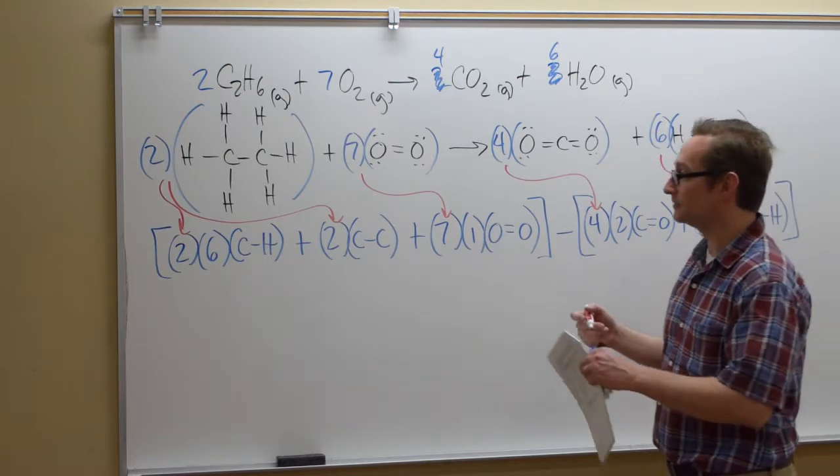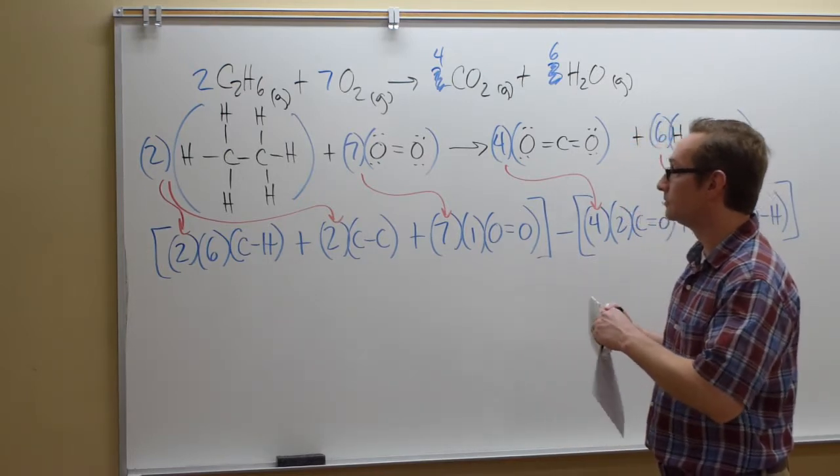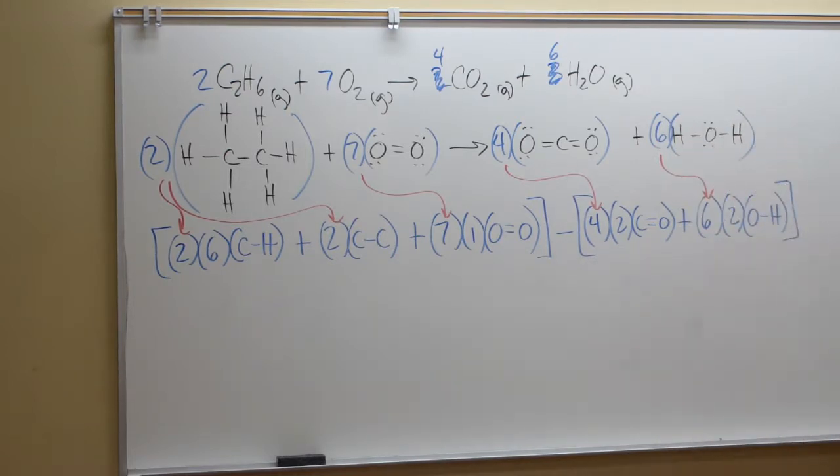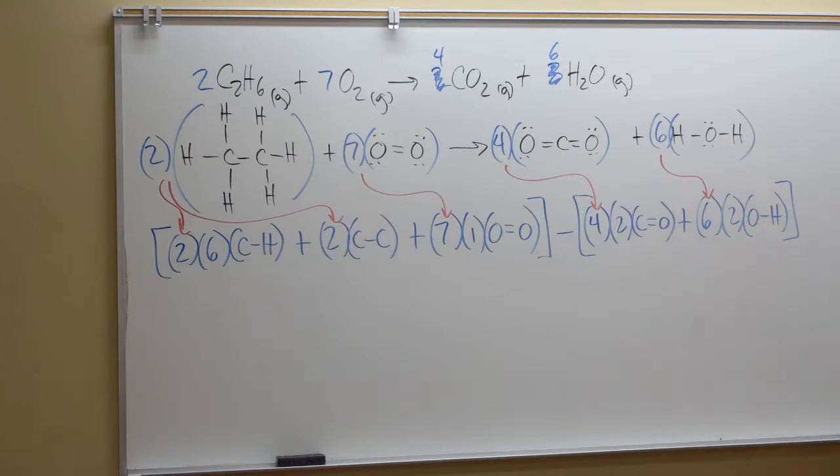So that's where that comes from. So is everybody all right with that? Good question. I'm sorry, I was writing when you were putting the second number, those are the number of bonds. So like the 4 and the 2 for this C double bonded O, and that's because it's a double bond, is that correct? It's not that it's a double bond, it's that there's 2 of those bonds in the molecule.